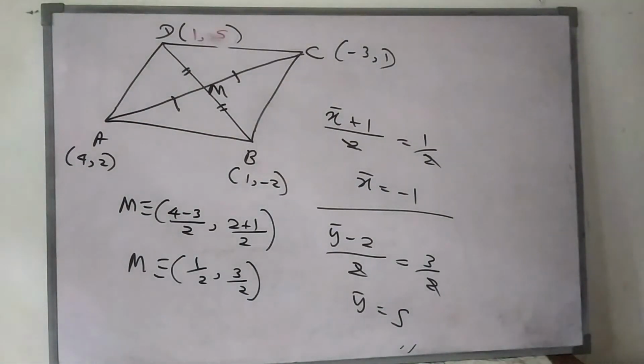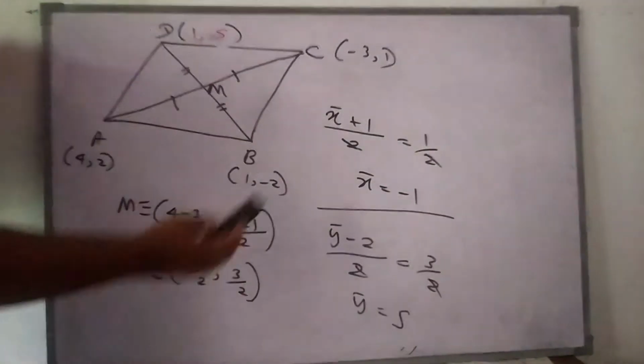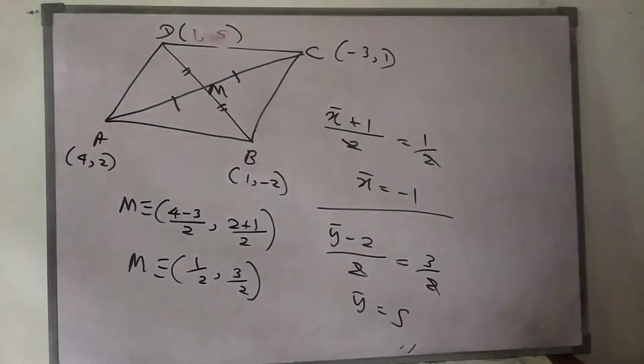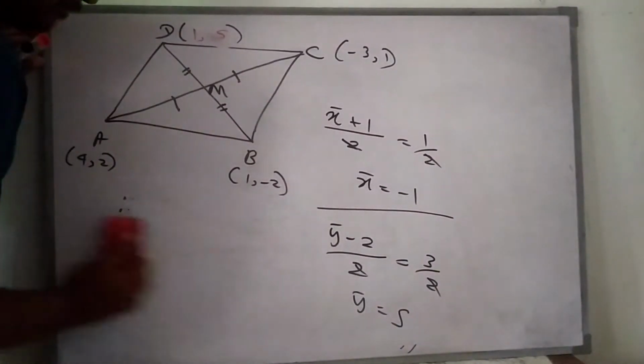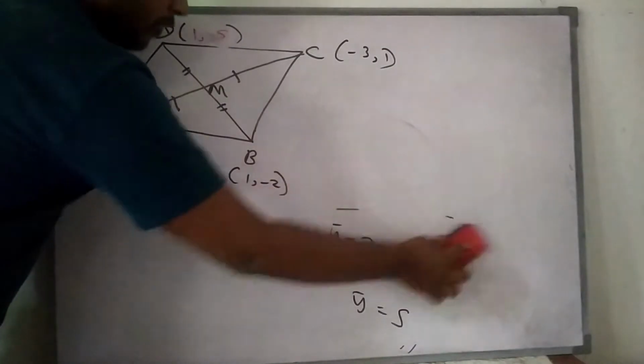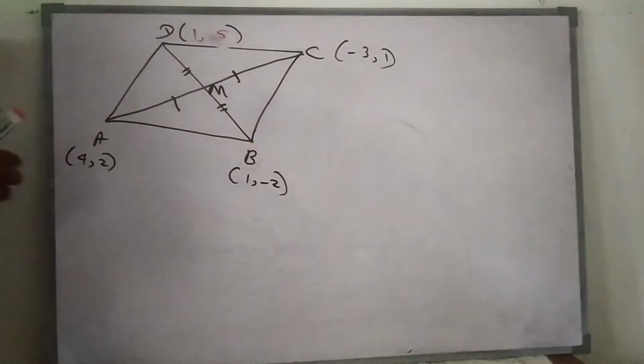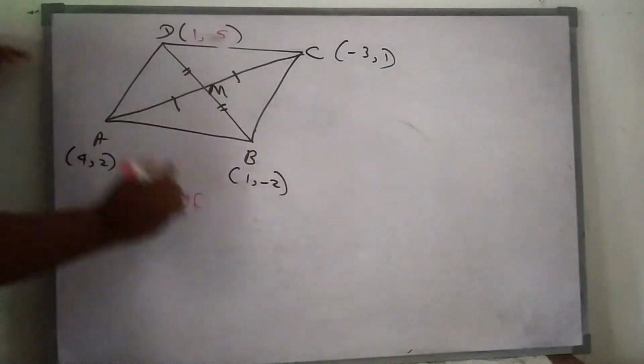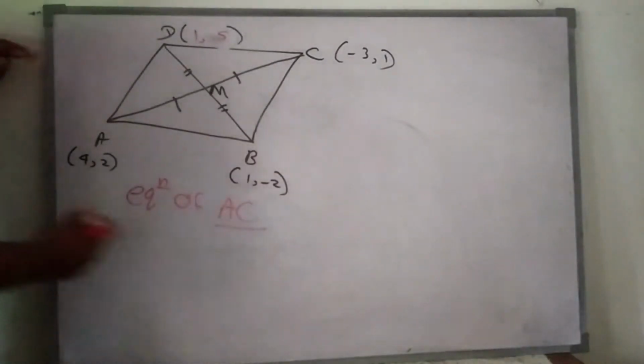Then we need to find the equations of the diagonals, right? So how to find the equations? First of all, the equation of AC.